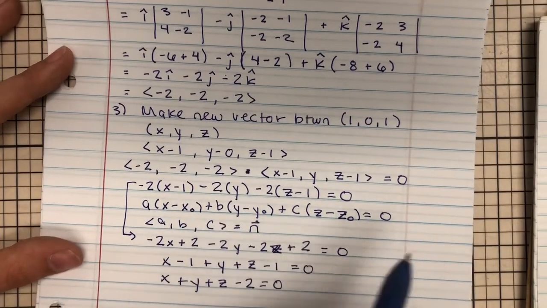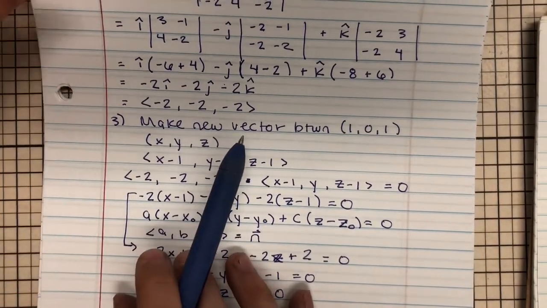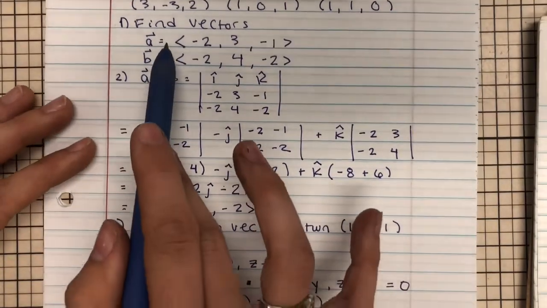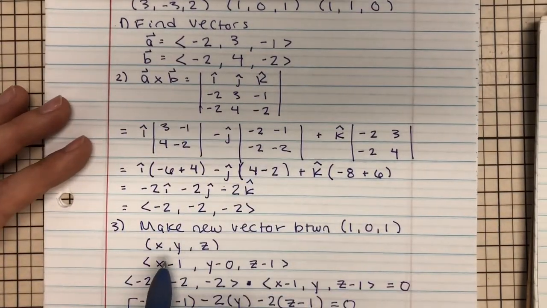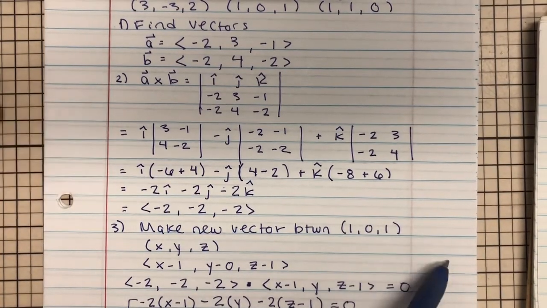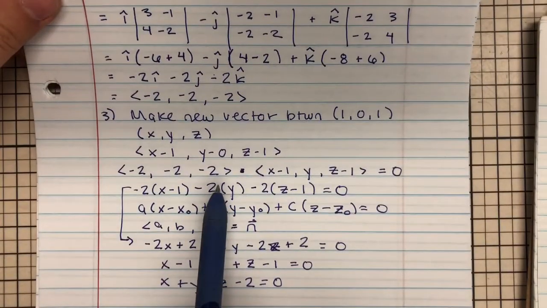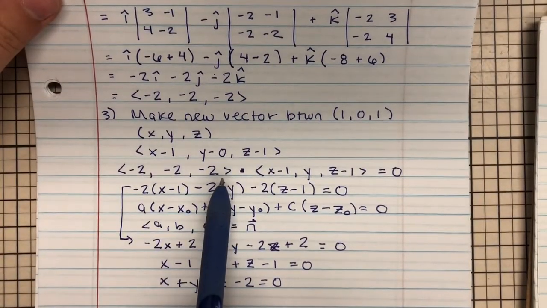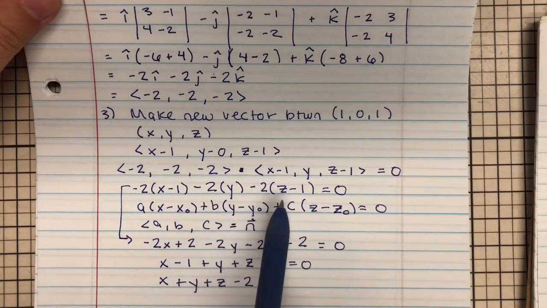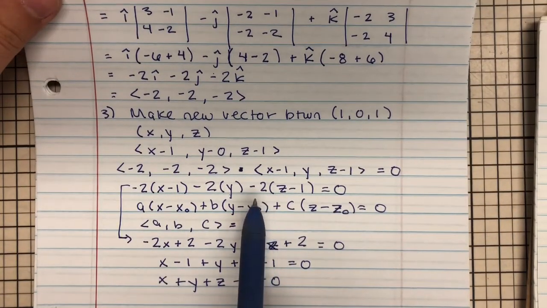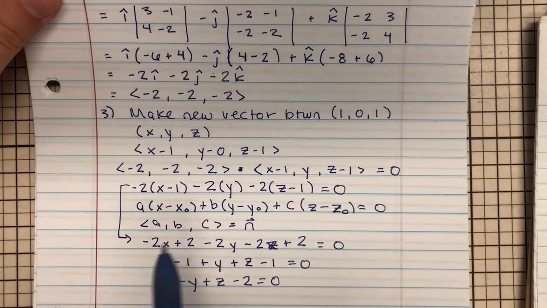But if you forget why that occurred, we were testing whether or not these 2 vectors were in the same plane as this vector right here. Once we tested that by dotting it with the vector we knew was orthogonal, it gave us some conditions that a point x, y, z would have to obey in order to be in the same plane.